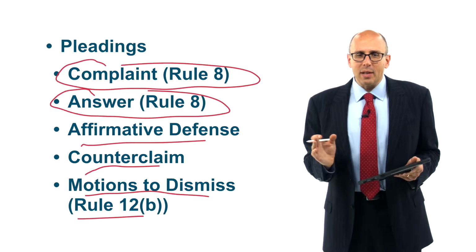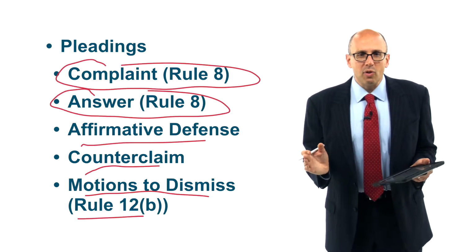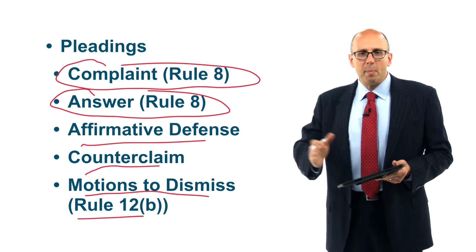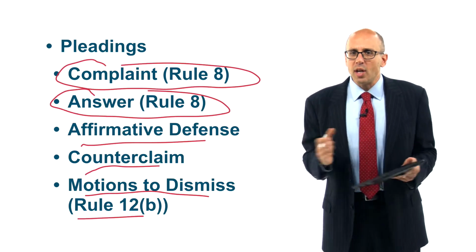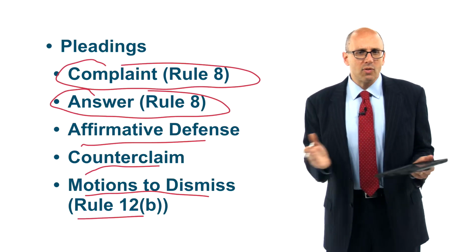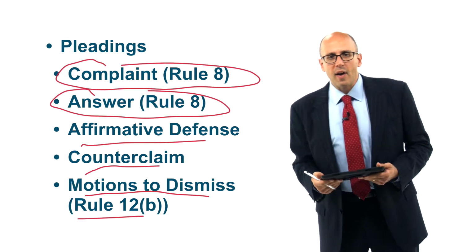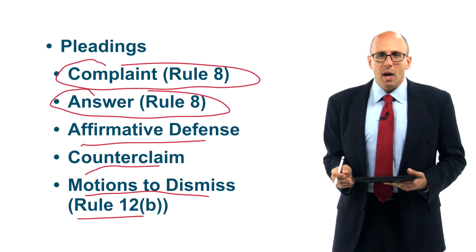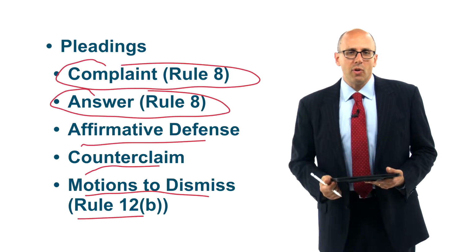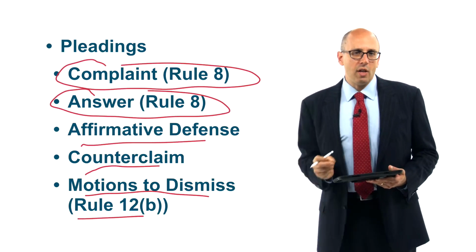And so basically this case can be dismissed without even going to trial because whatever it is you're alleging, it's not unlawful. It's not a tort. It's not a breach of contract. It's not a violation, whatever it might be, even if every single thing you say is true.